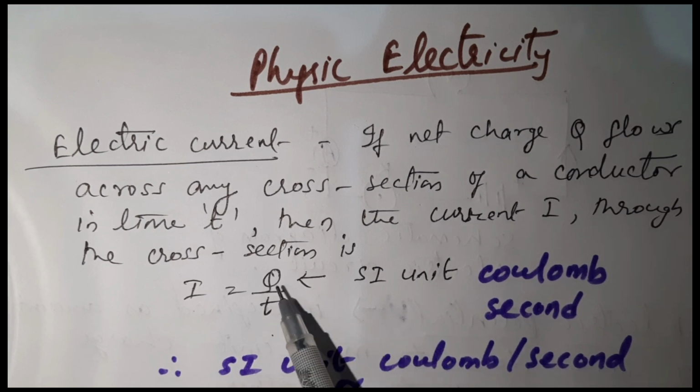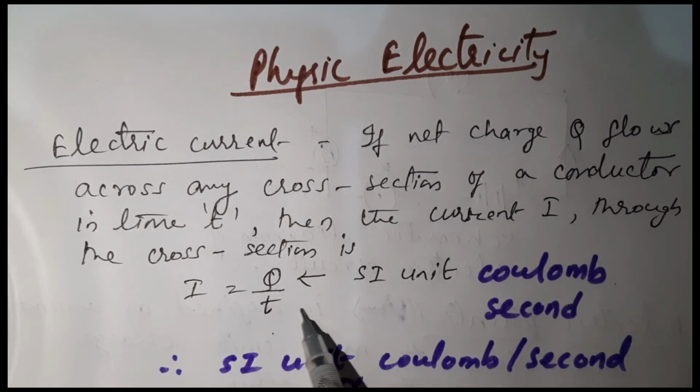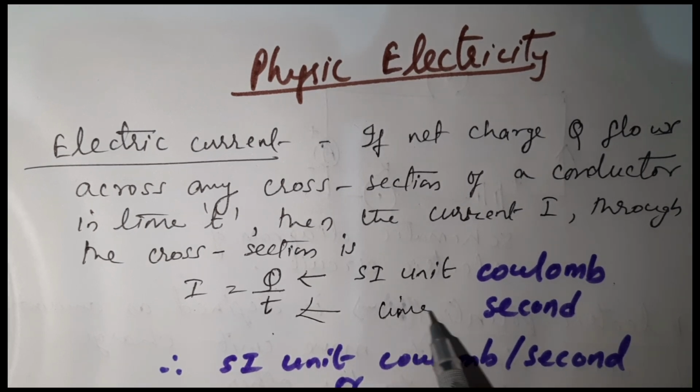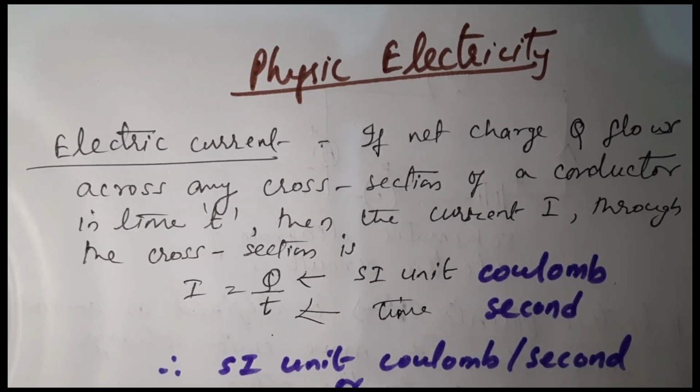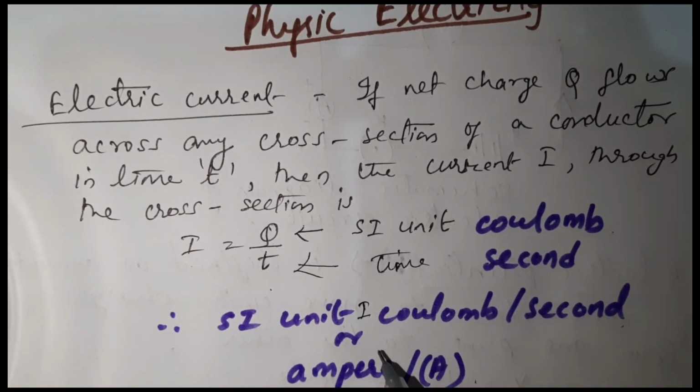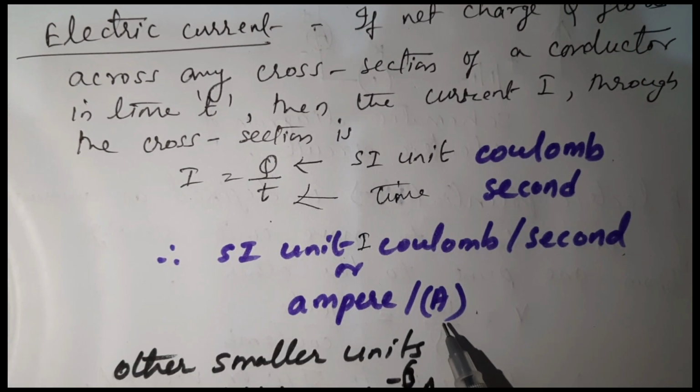The SI unit of charge is coulomb, whereas the SI unit of time is second. Therefore, the SI unit of electric current is coulomb per second, or we can use ampere, in honor of the scientist Andre Marie Ampere, who discovered electric current.